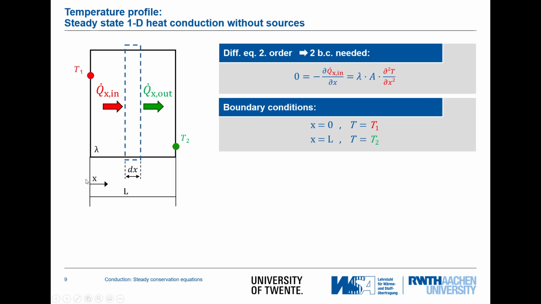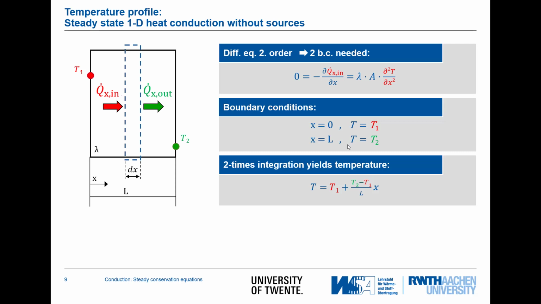Our coordinate system starts here at x equal to 0, which is the location where the temperature T1 is prescribed. So we can use as boundary conditions, for instance, at the location x equal to 0, the temperature is equal to T1. And at the location x equal to L, the temperature is equal to T2.